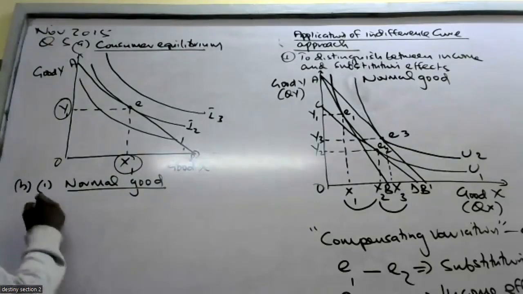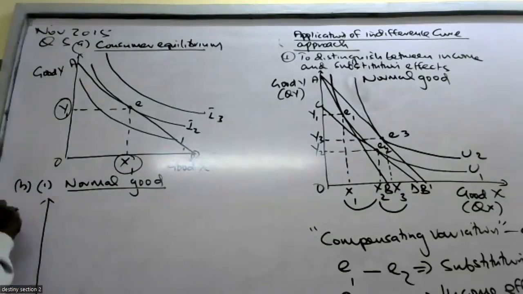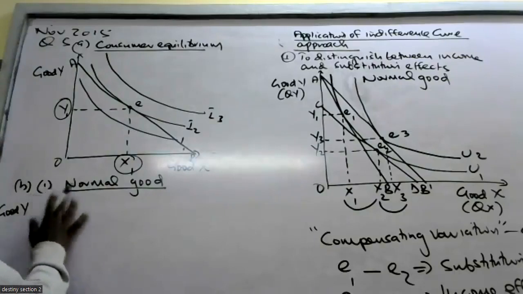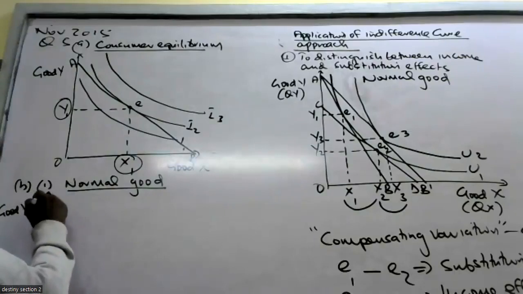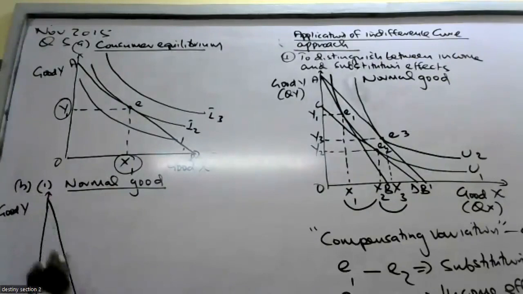So now, Y and X. That's good X. Where do you start? Start with the budget line, AB.